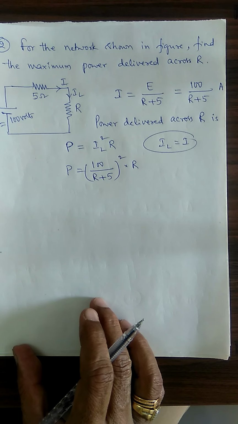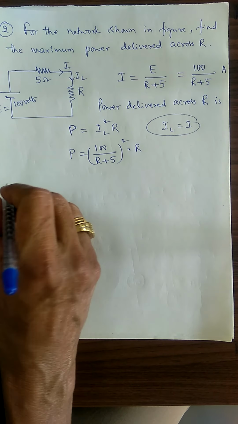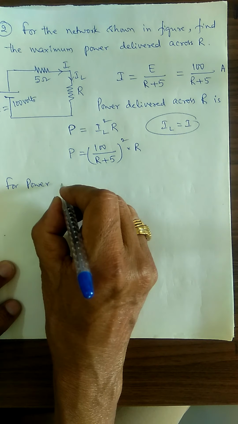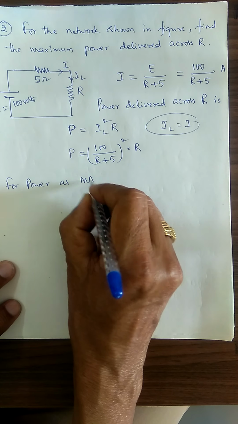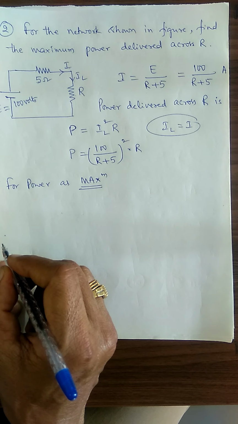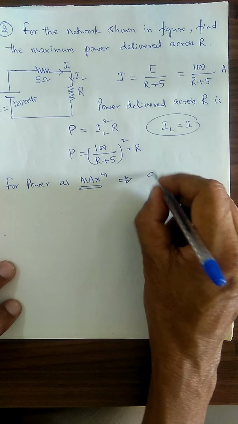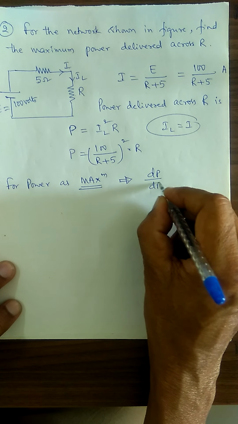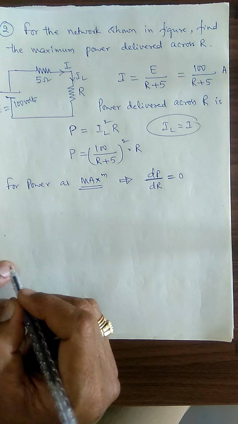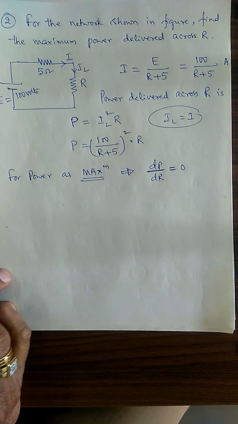For power to be maximum, we consider dP by dR equal to 0. dP by dR is equal to 0 for power to be maximum here.